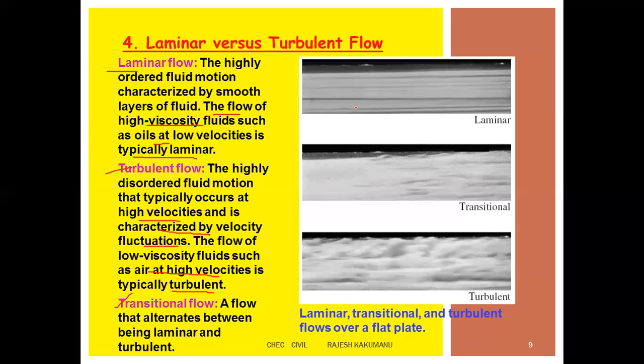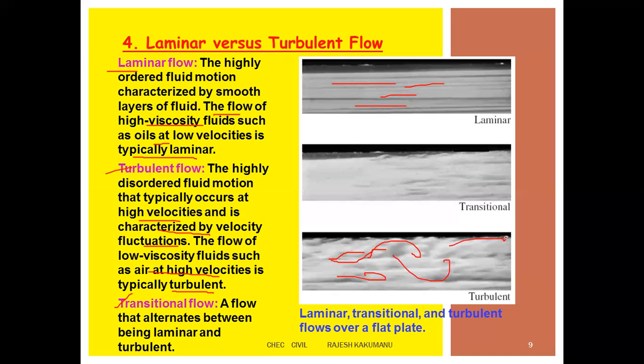Now see the figure here. The flow of oil is a straight line without any disturbances. If you see turbulent flow, either in gas or in high discharge of flowing water, you can see the water going in different directions, in different turbulent ways.